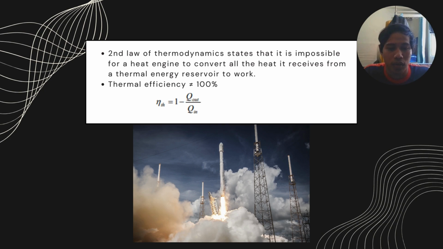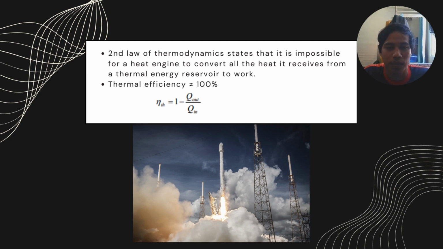In rocket propulsion, the second law of thermodynamics is also related. The second law of thermodynamics states that it is impossible for a heat engine to convert all the heat it receives from a thermal energy reservoir into work. So the thermal efficiency is not equal to 100%.